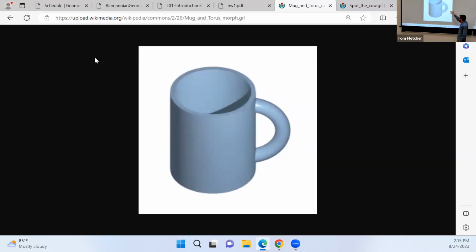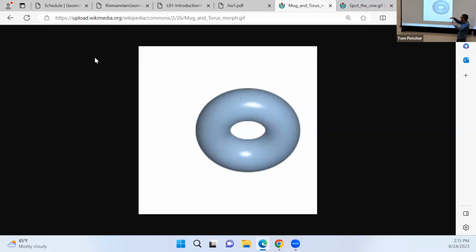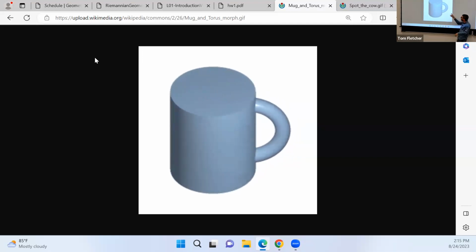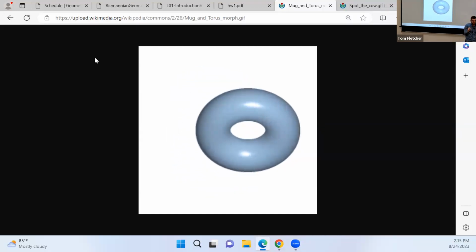If you imagine this made out of clay, I can take a torus and deform it like so. The handle's still there. I'm just pushing down the interior to make an indentation for the coffee mug. These are all things I can do while keeping the topology the same.